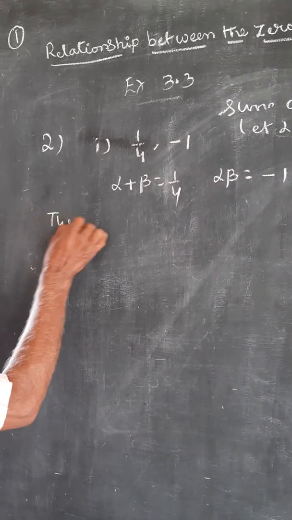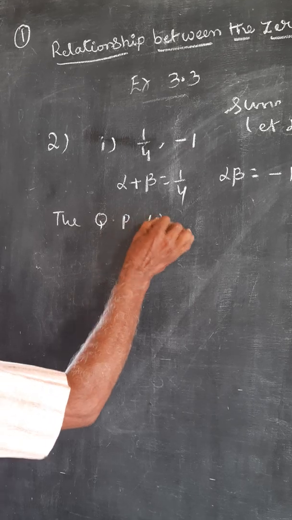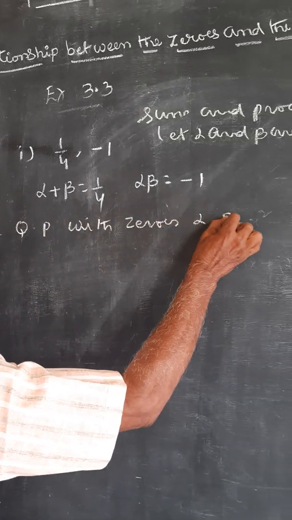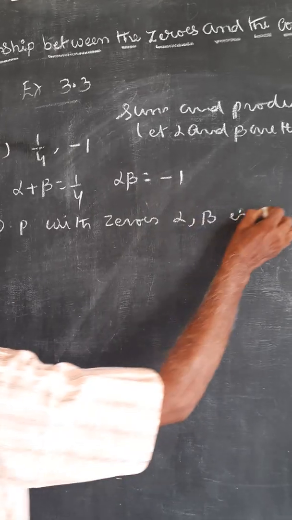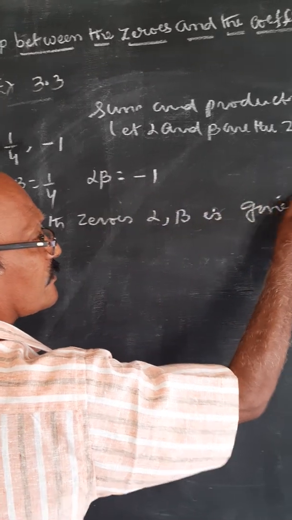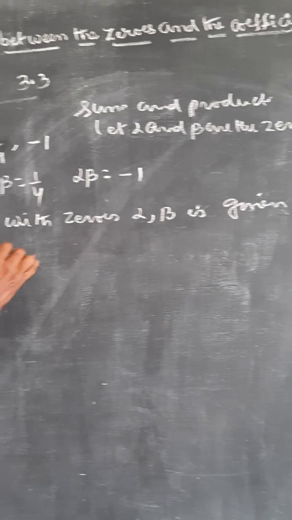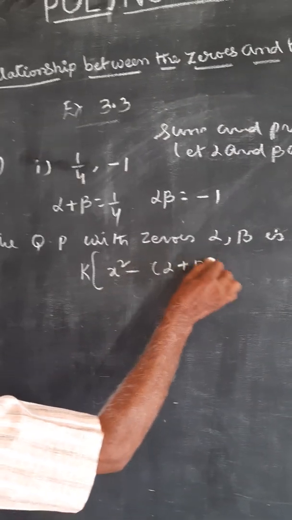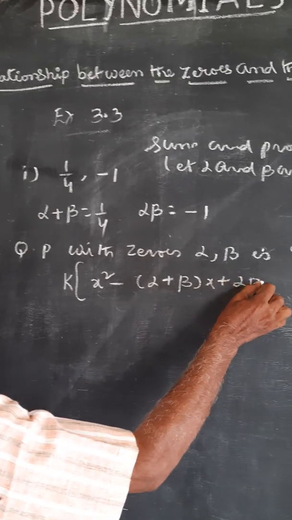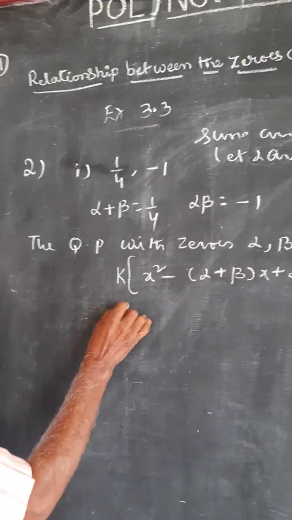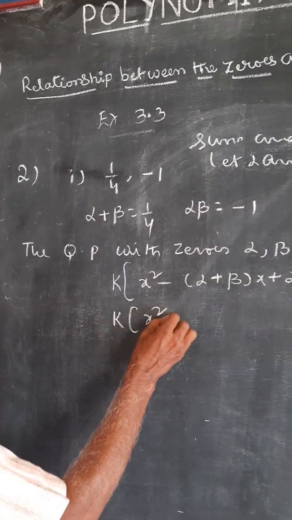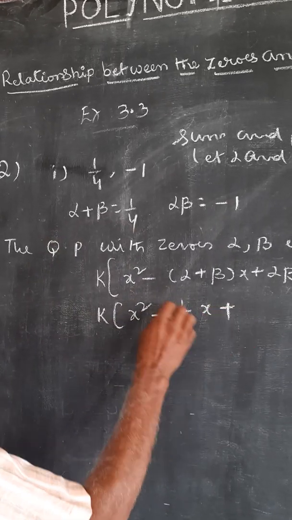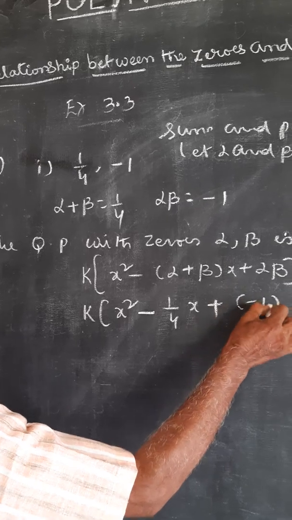Now the quadratic polynomial with zeros alpha, beta is given by k[x² − (alpha + beta)x + alpha beta]. Substitute the above values in the equation: k[x² − (1/4)x + (−1)].